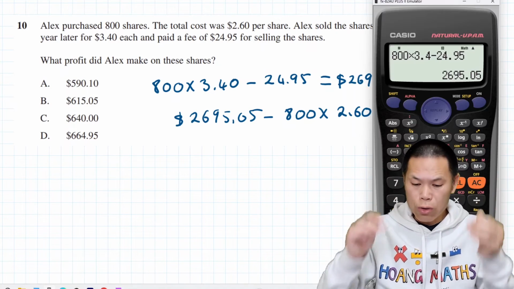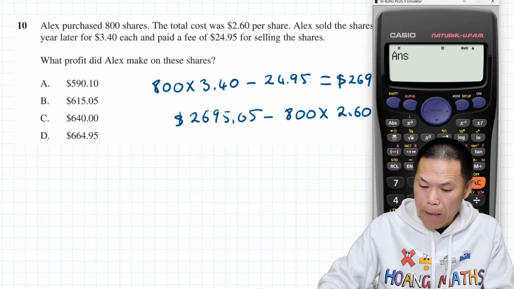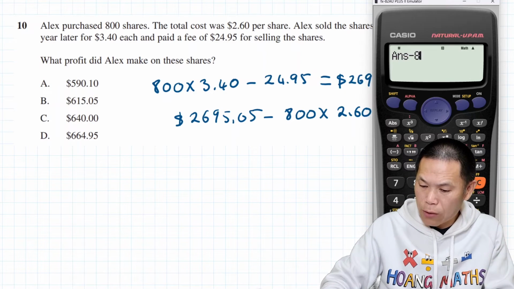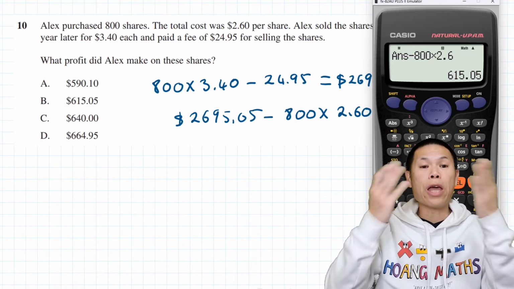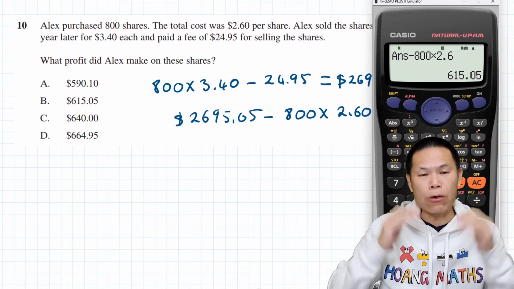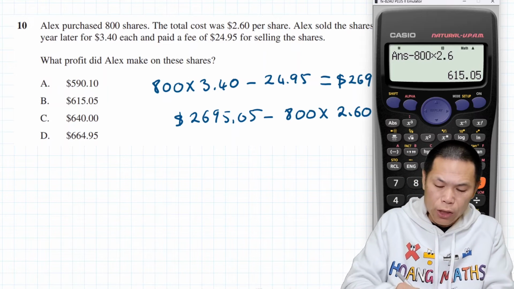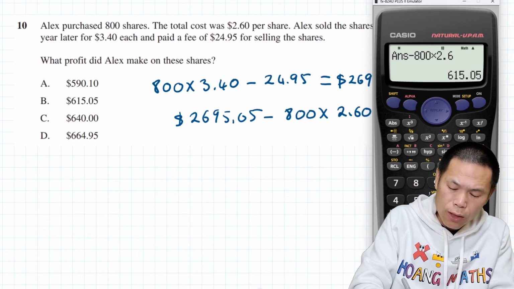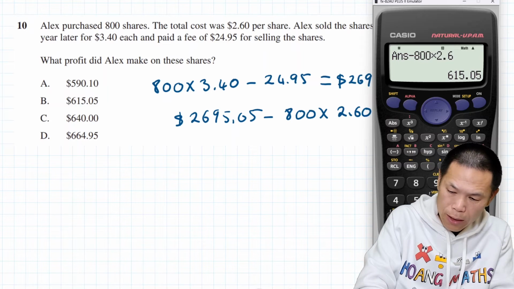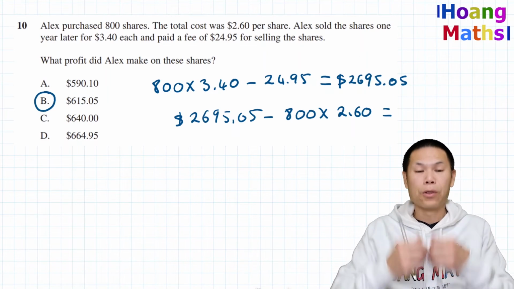I just go answer minus 800 times 2.6. There you go, the profit is $615.05. So therefore, the answer should be B, $615.05.